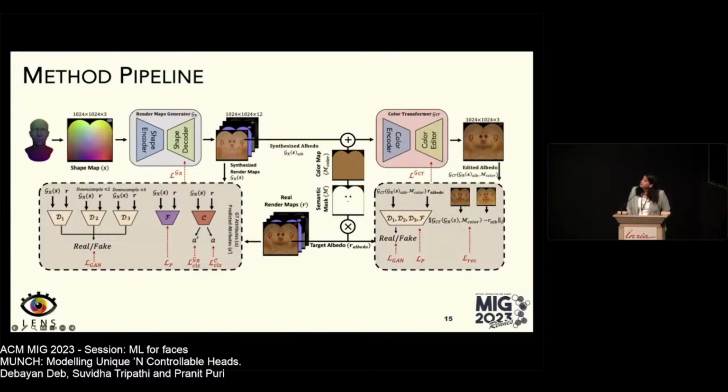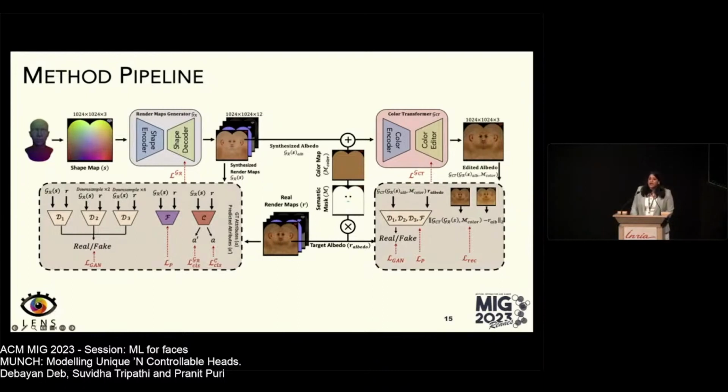Then the triangles within these vertices were filled using barycentric coordinates to create a shape map. We used the shape map to create texture maps because this is easier for the CNN model to read, and we did not directly use the vertices.